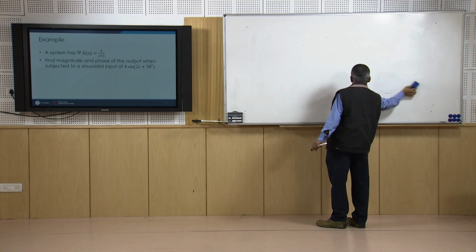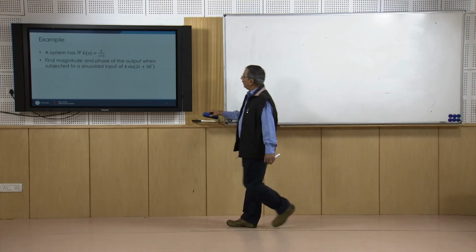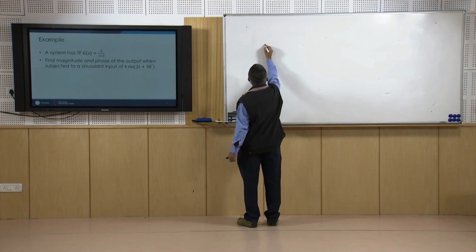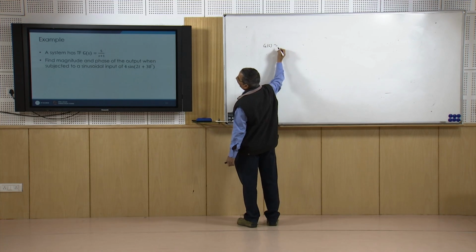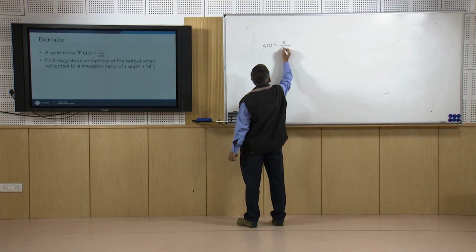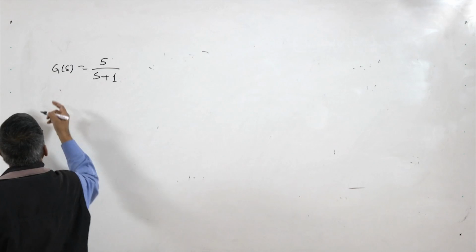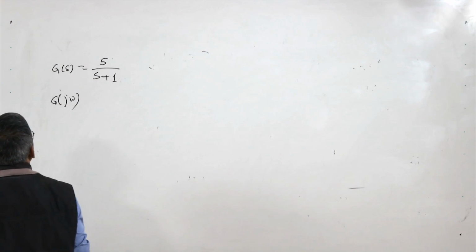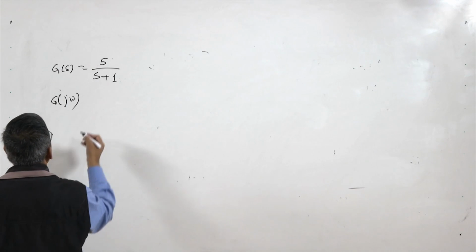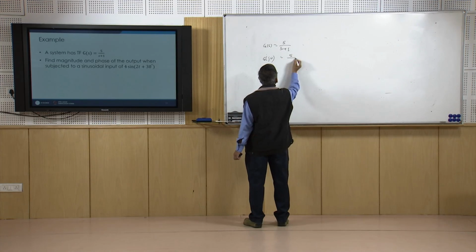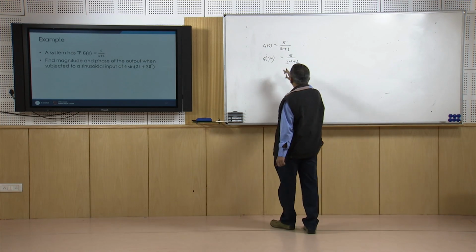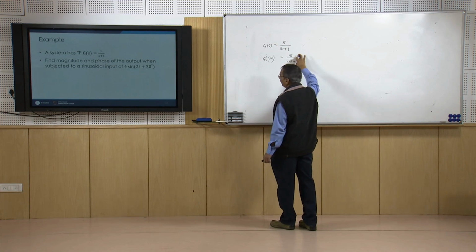Here we are given G(s) equal to 5 by s plus 1. We can convert this by replacing s by j omega, so this is 5 by j omega plus 1. Now we have to convert this into a complex number.